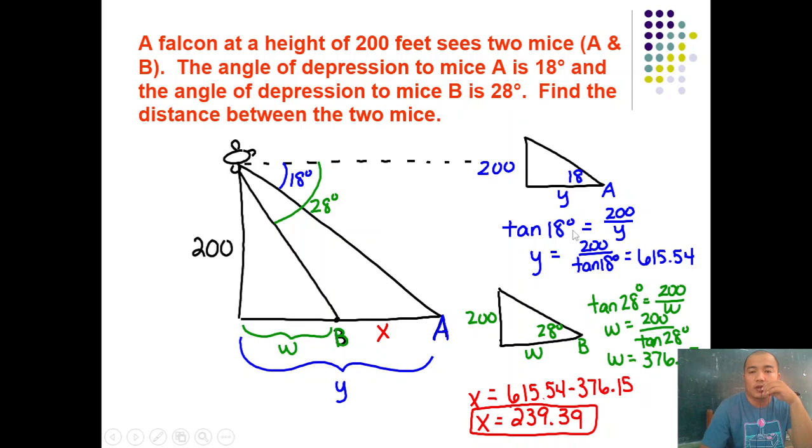W plus x is y. If this angle of depression is 18, angle A is also 18. And if the angle of depression on this part is 28, angle B is also 28 degrees. Tangent 18 is equal to 200 over y. So y is equal to 200 divided by tangent 18, so 615.54.